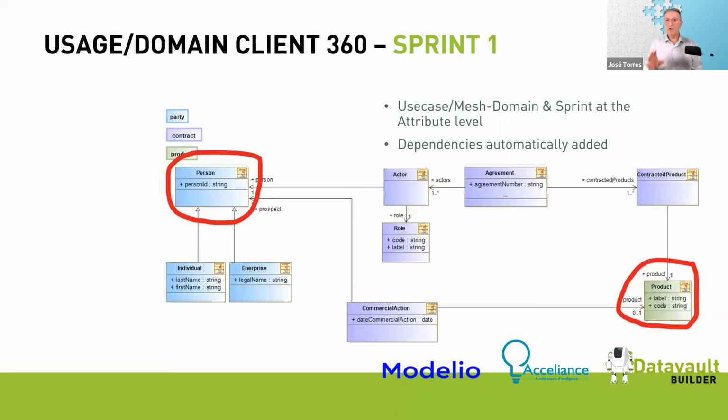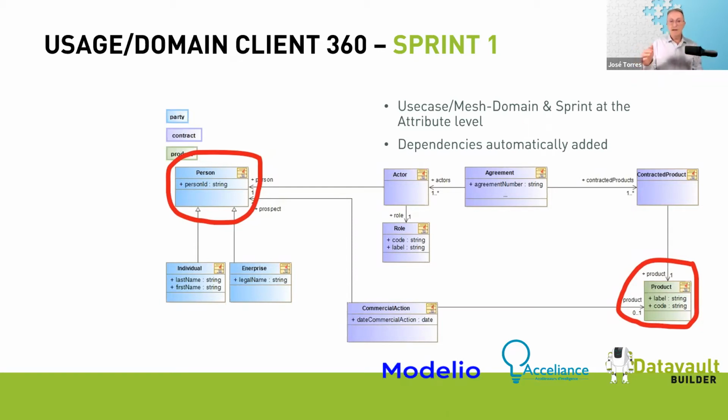using UML annotation. This is a picture of UML diagram coming from Modelio. You will see live in a few seconds. So use case, mesh domain, and sprints are set at attribute level. You will see it in a few seconds.